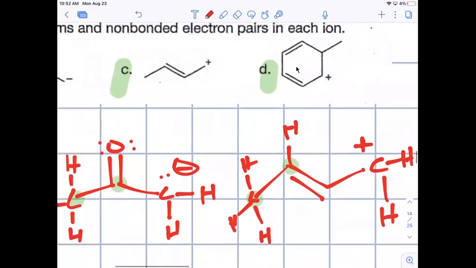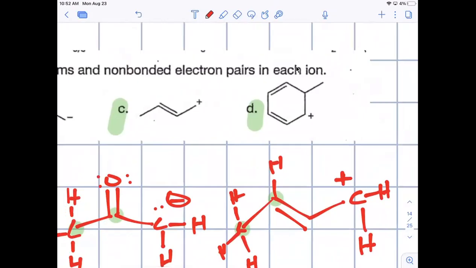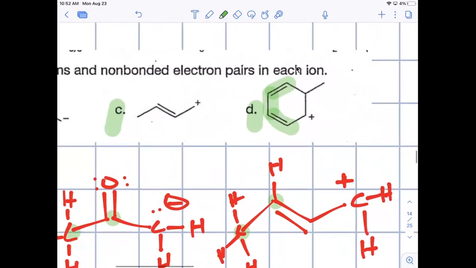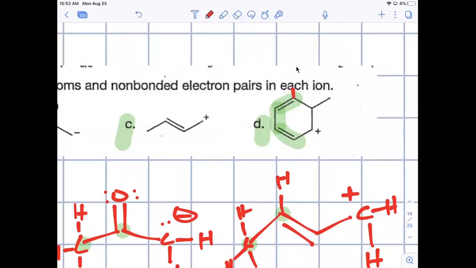Can we do D real quick without having to sketch it out? How many hydrogens on each one of these carbons in this pi system? One each. Good, that's excellent. There's a hydrogen on each one of these carbons, because remember the golden rule.